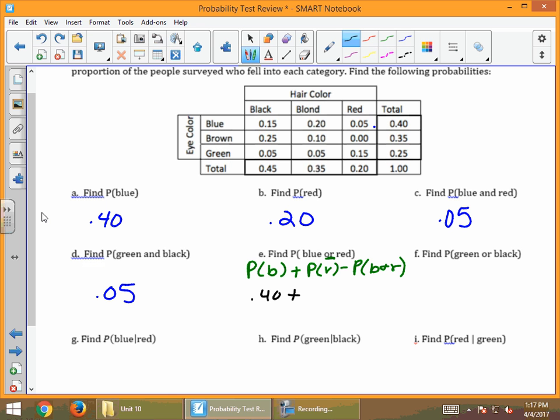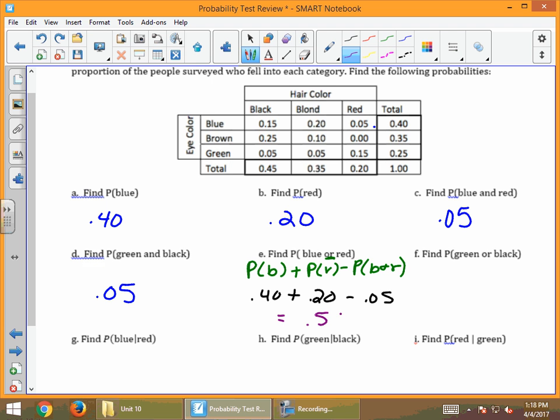Plus, what's the probability of just having red hair? We already found it. 0.20. Minus, what's the probability of both blue eyes and red hair? 0.05. And then you just plug that into your calculator. 0.40 plus 0.20 minus 0.05. What does that give us? 0.65.